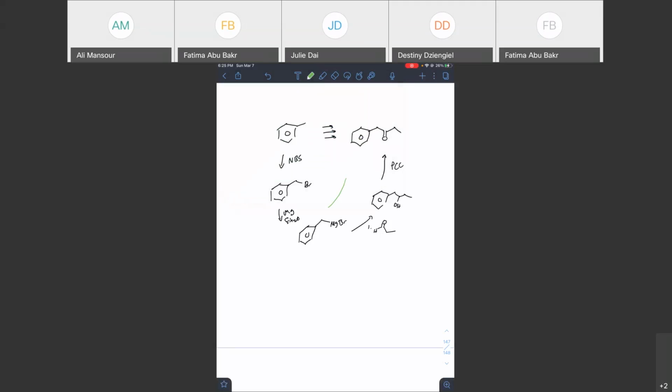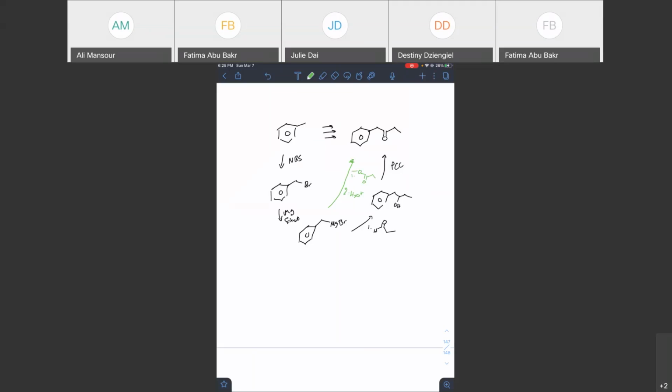Another option, if we want to do it in 1 step, in green: from here to here, we can do something that kind of breaks off, something that looks like this and has that on the other side. What goes in the bottom of a Grignard, guys, is like H2O2 or H2O or something. H3O plus, I think it's H3O plus.